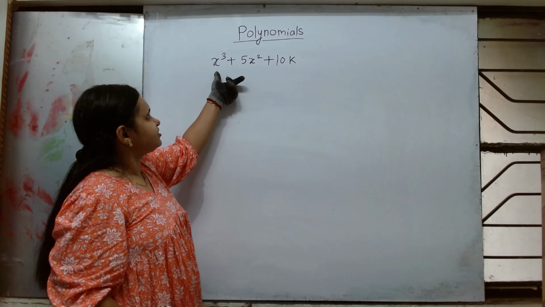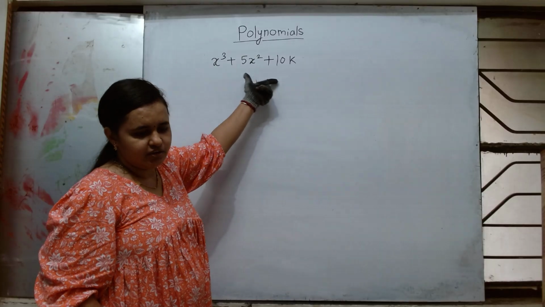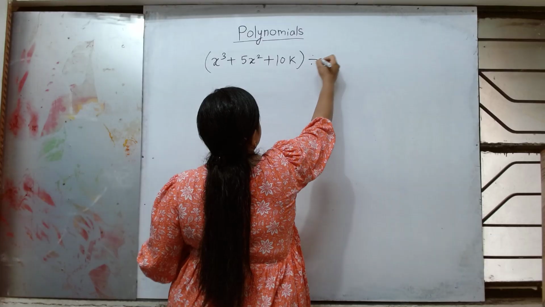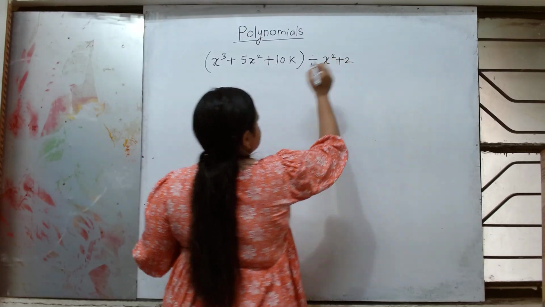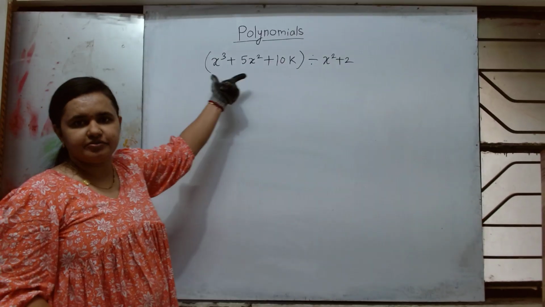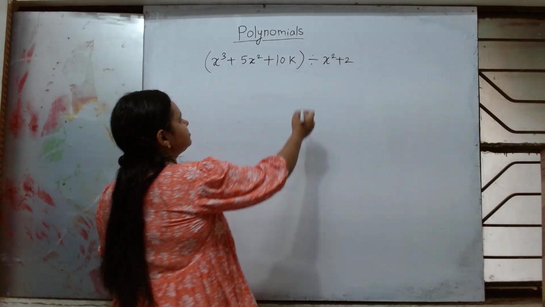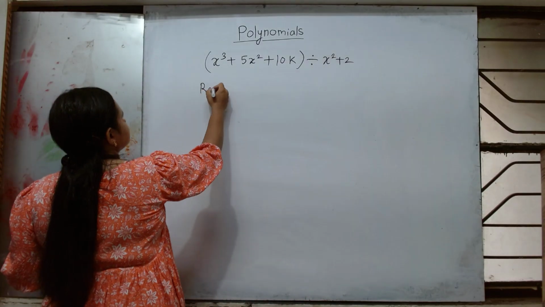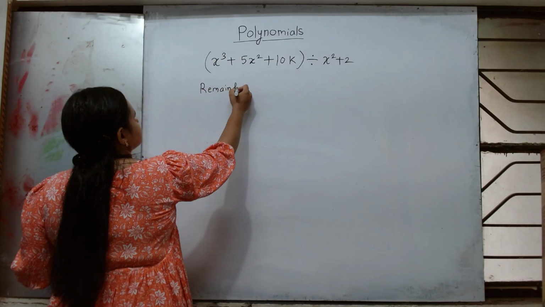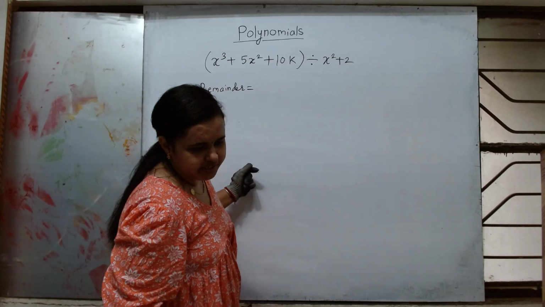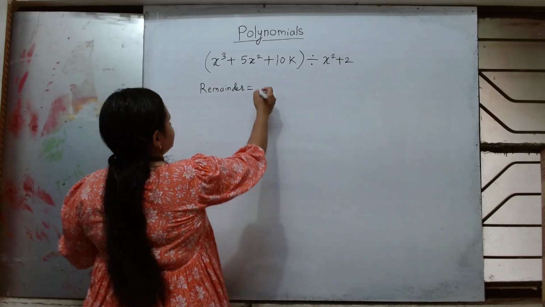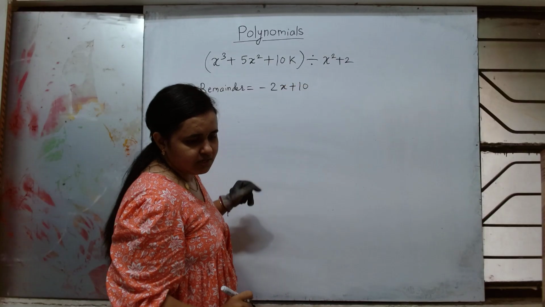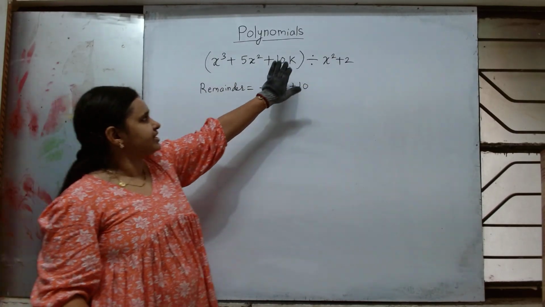It is given that when this polynomial x cube plus 5x square plus 10k is divided by x square plus 2, it leaves the remainder minus 2x plus 10. And we have to find the value of k.